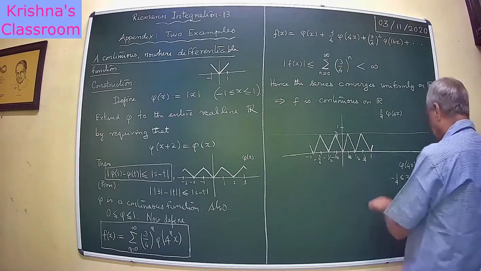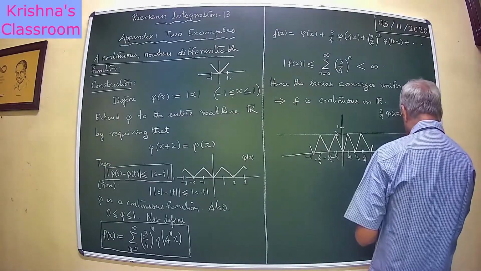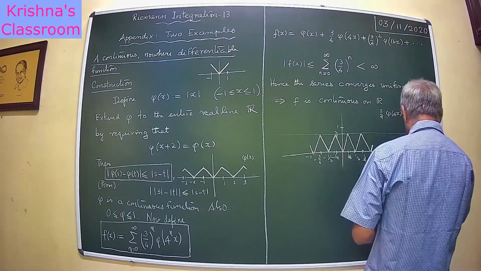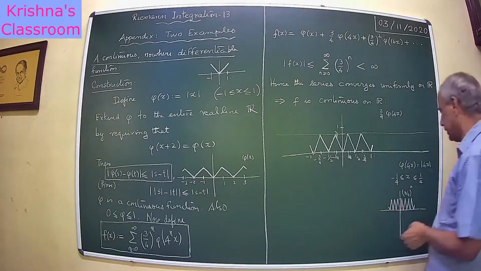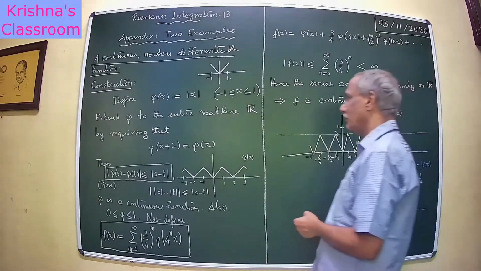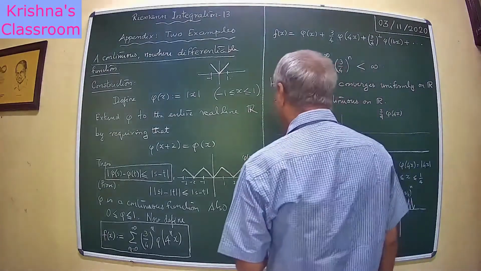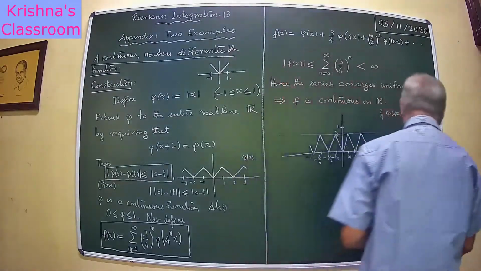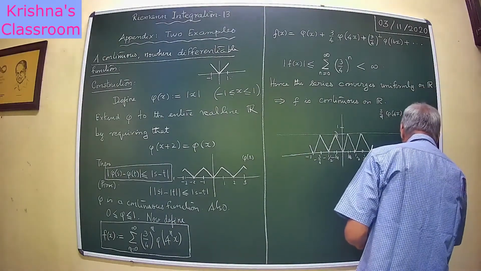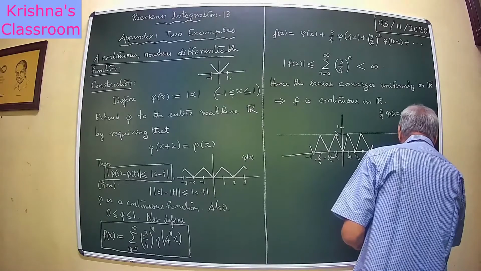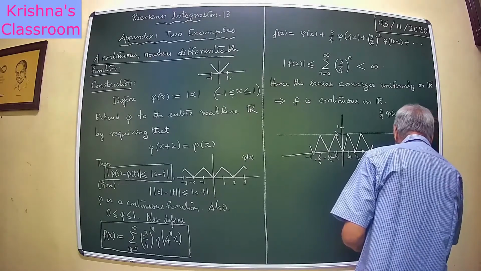The height of this will be 3 by 4 to the power n, and then you will have 1 by 4 to the power n and minus 1 by 4 to the power n.